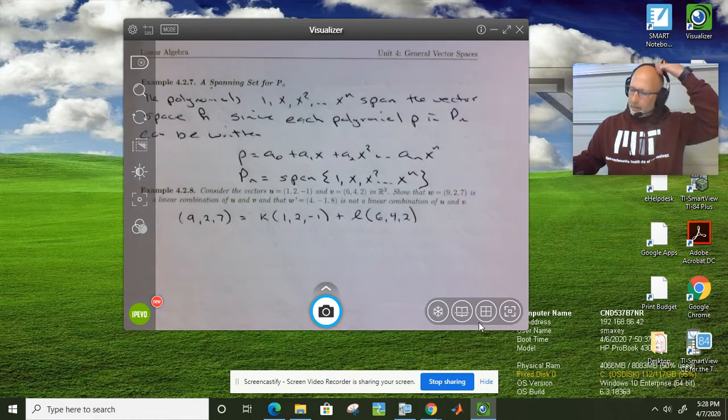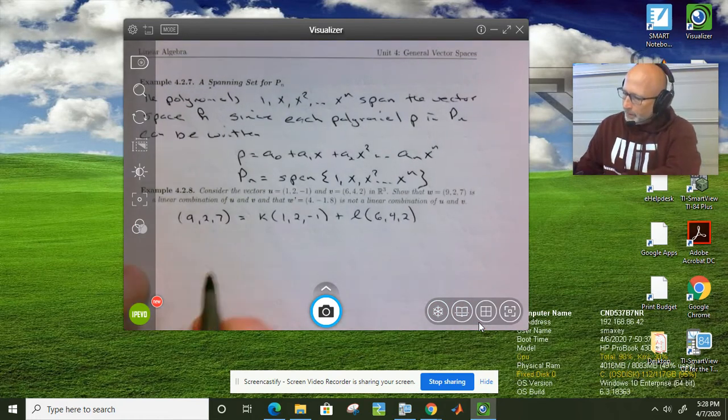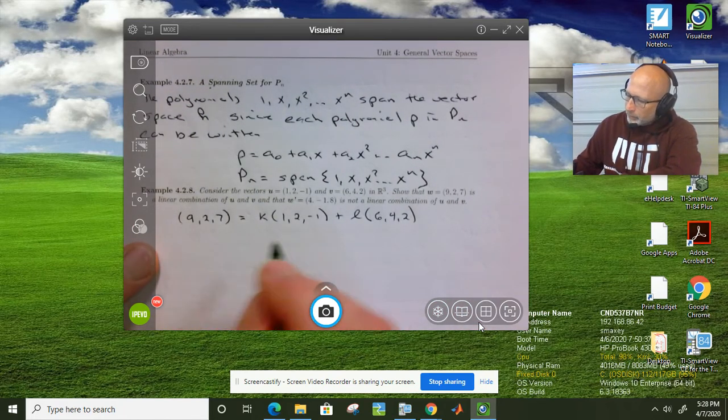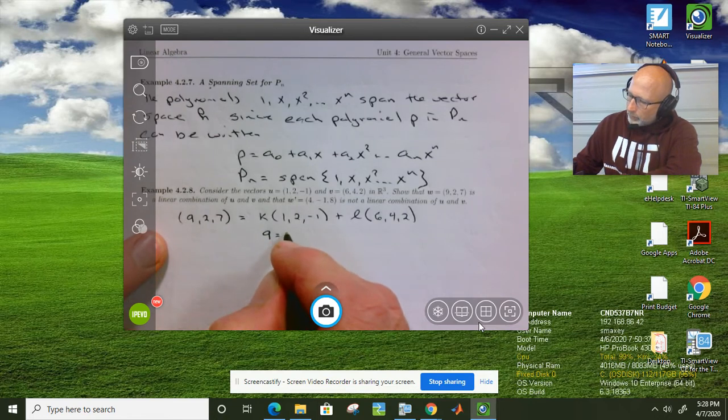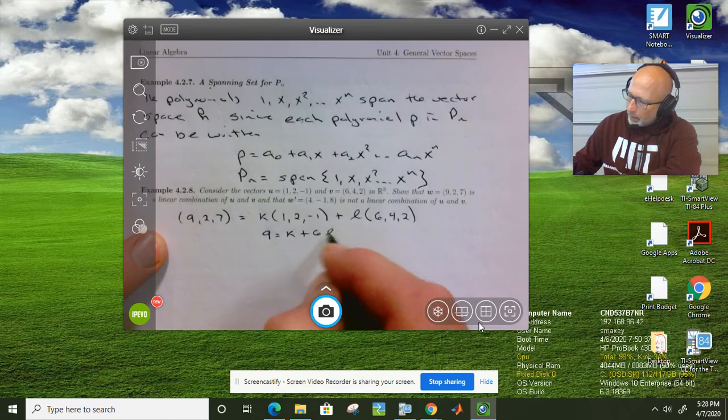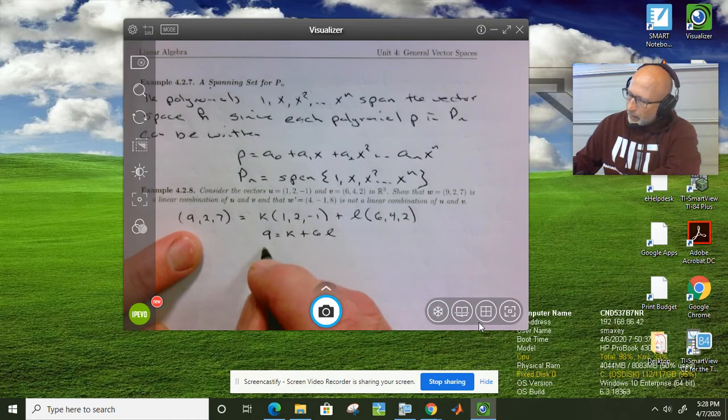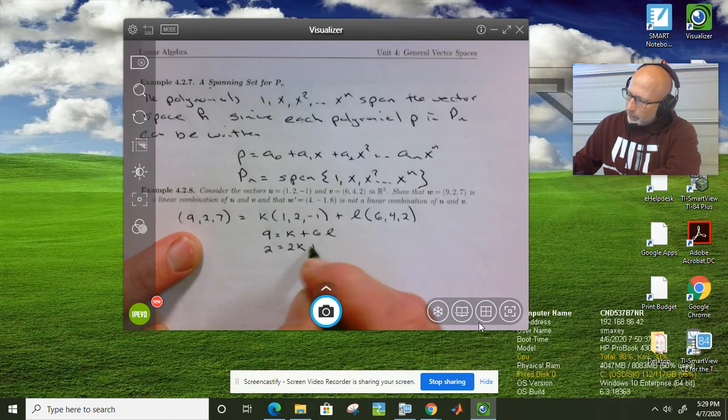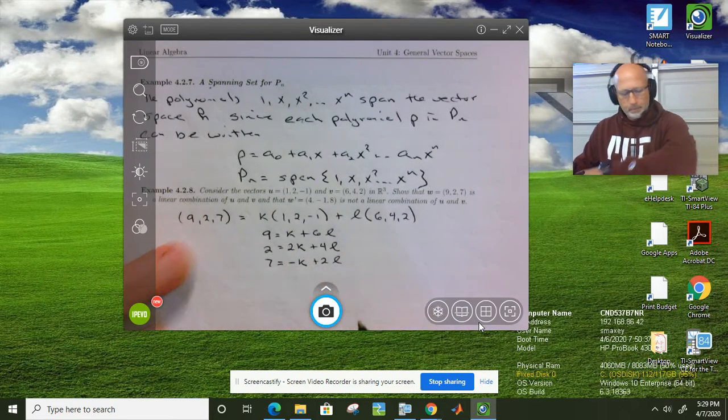Now I just have to be a little bit clever and figure out what this is going to be. So I'm going to match up the parts. I have 9 equals k plus 6l. I also have 2 equals 2k plus 4l. And I also have 7 equals -k plus 2l.